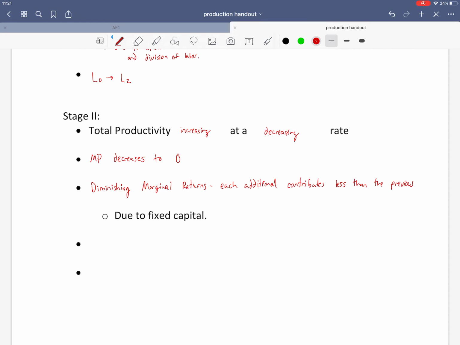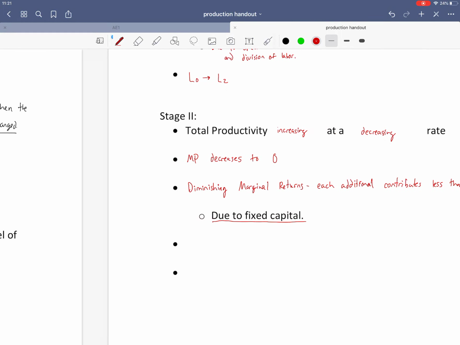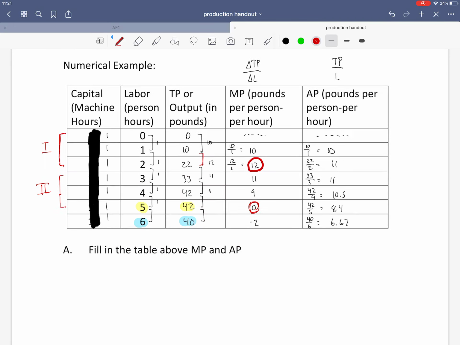And as I already wrote in here, this is going to be due to fixed capital. So if there's only one pizza oven, there's only so many pizzas that can be prepared and baked at the same time. So we have diminishing marginal returns. So once again, that just means that each additional worker is contributing less than the previous.